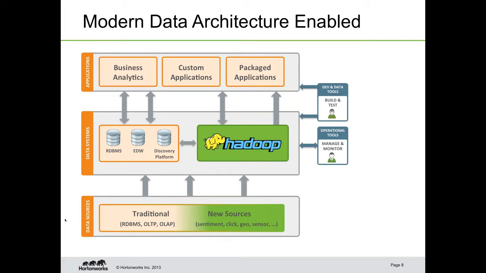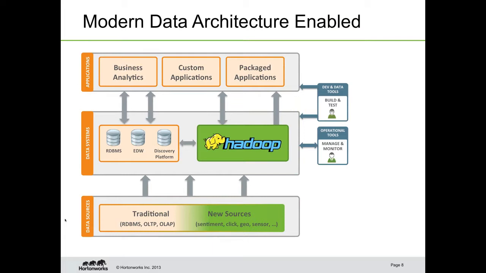Apache Hadoop is a component that sits alongside and enhances those existing components that they're using, something that will allow you to cost effectively capture the new data sources that you're using and then exchange and process and transform those data types for long-term storage into and exchange them with your discovery platform, your data warehouse, and your other components, as well as up to the application layer, the business analytics and the applications that are used within the enterprise.